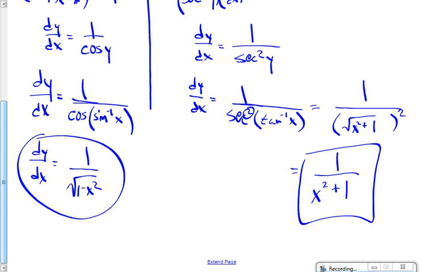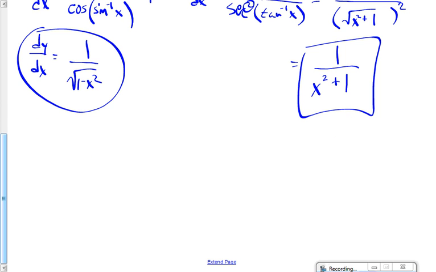Isn't that fun? I'm sorry? Question. Is there a question or are we good? Question: isn't 1 over secant squared cosine squared? Yes, it is. But if you wrote it as this, we wouldn't be able to use a property that we learned on the previous page for it.